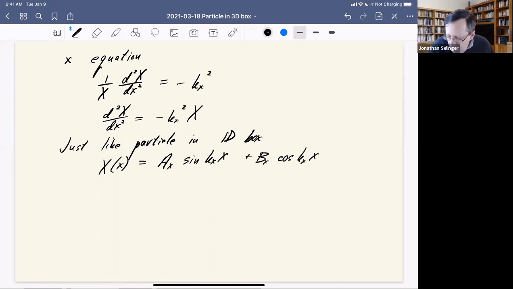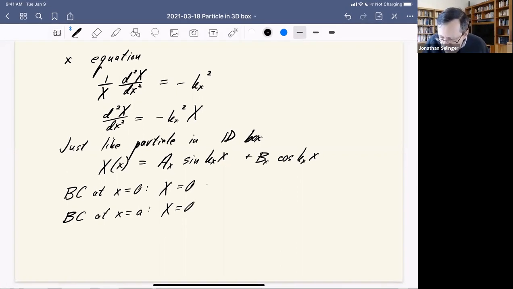This is a solution of the differential equation, but we also need to impose the boundary conditions. There's a boundary condition at x equals 0 that the function has to be 0, and a boundary condition at x equals a that the function has to be 0.